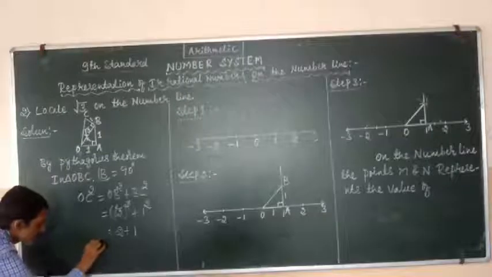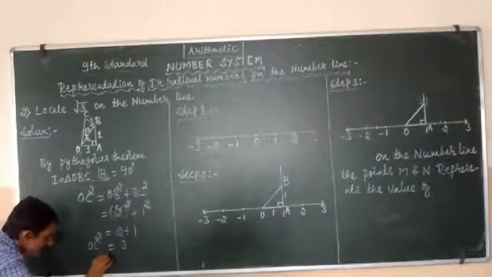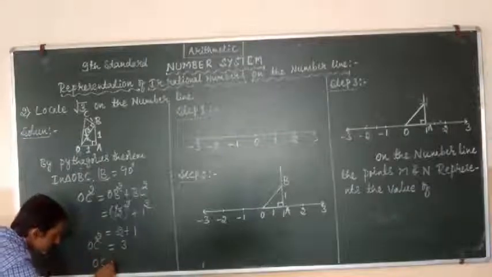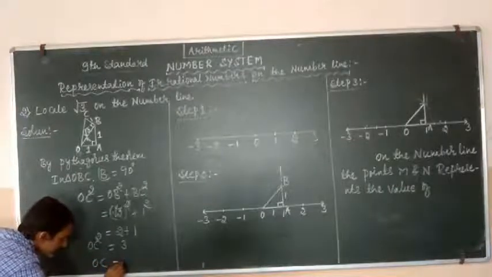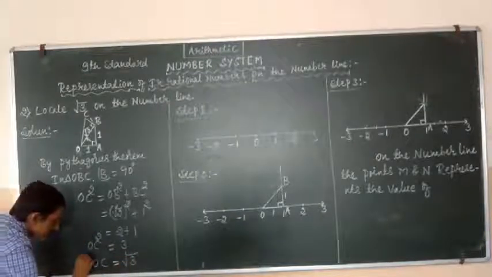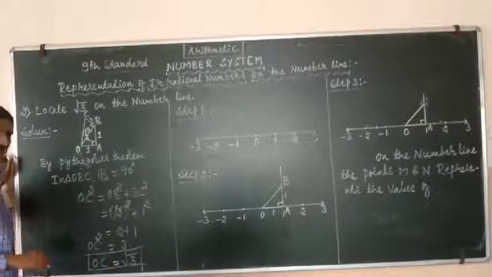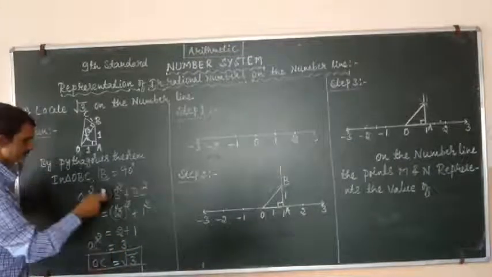So OC square equals 3. Taking the square from the left side to the right side as a root, OC is equal to root 3.